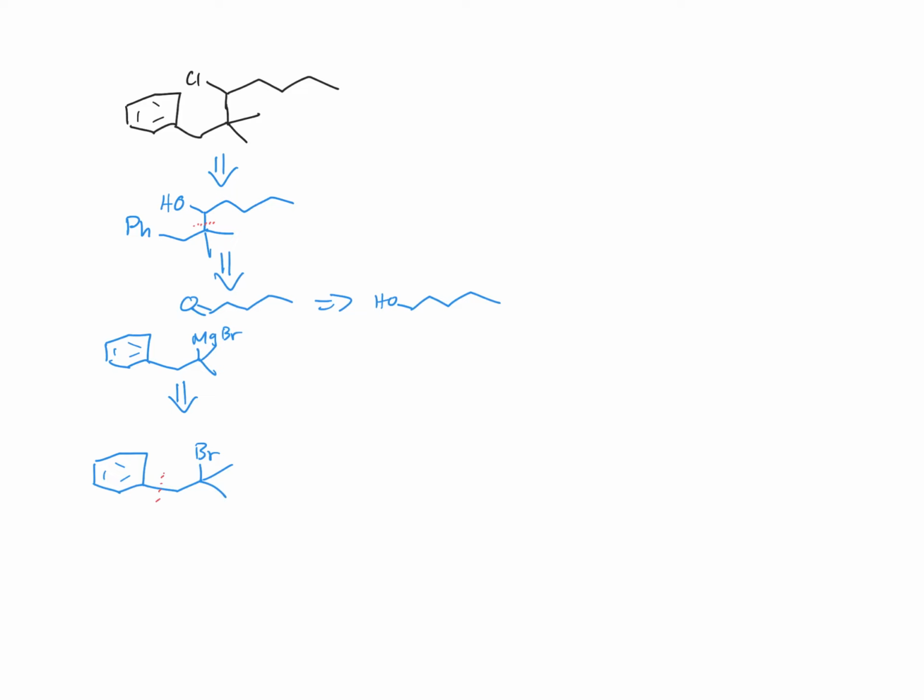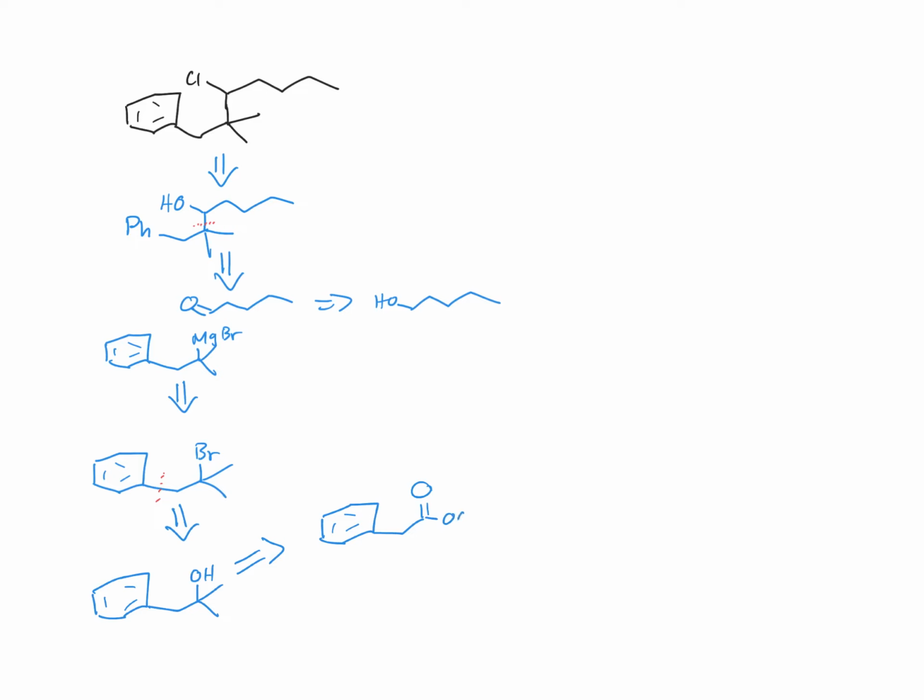Well, actually, first I'll recognize that this compound could come from an alcohol. So I hope by now you're realizing that when you have a bromine or a halogen, that's the same as having an alcohol. And when you have an alcohol, aside from a tertiary alcohol, that's the same as having a ketone or an aldehyde. This tertiary alcohol actually could come from this ester.